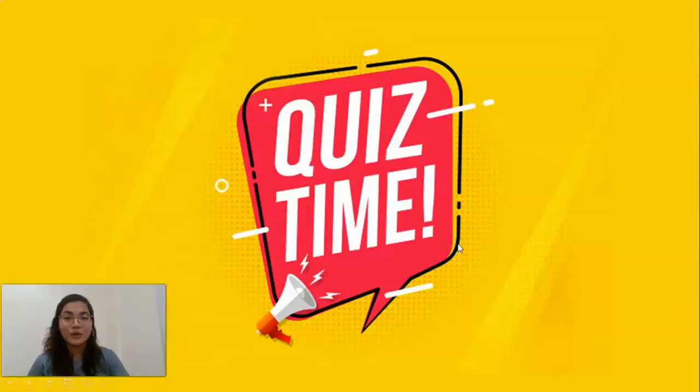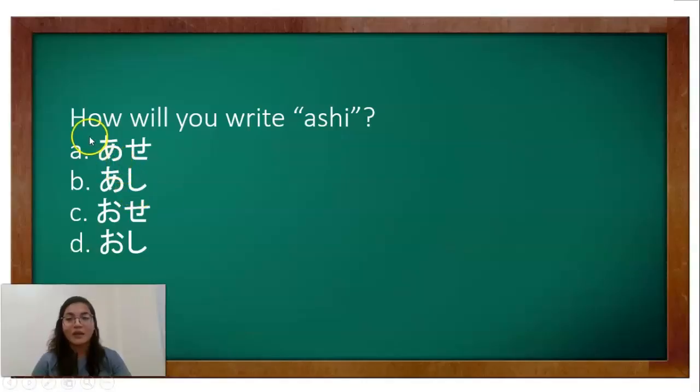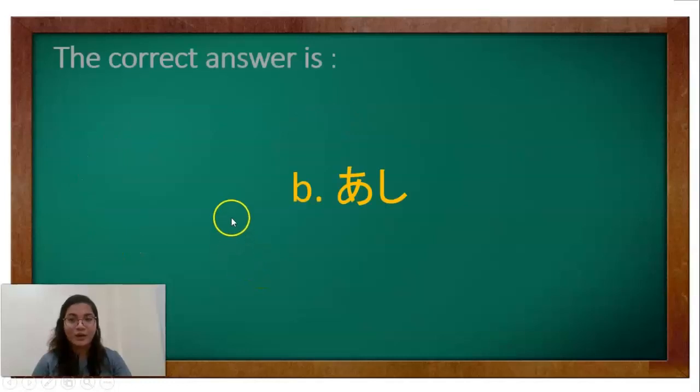Now let's have the quiz time. Here's the question. How will you write ashi? Is it A, B, C, or D? Okay, so the correct answer is letter B. Ashi means leg.